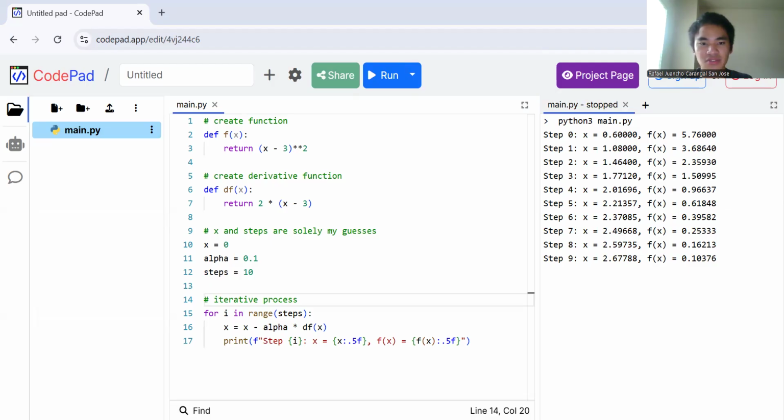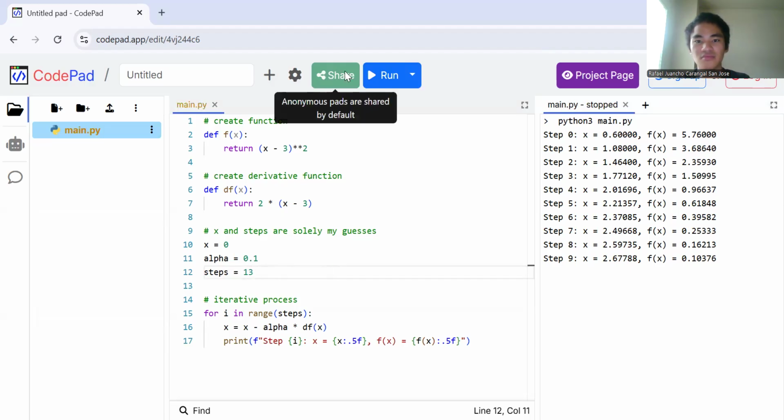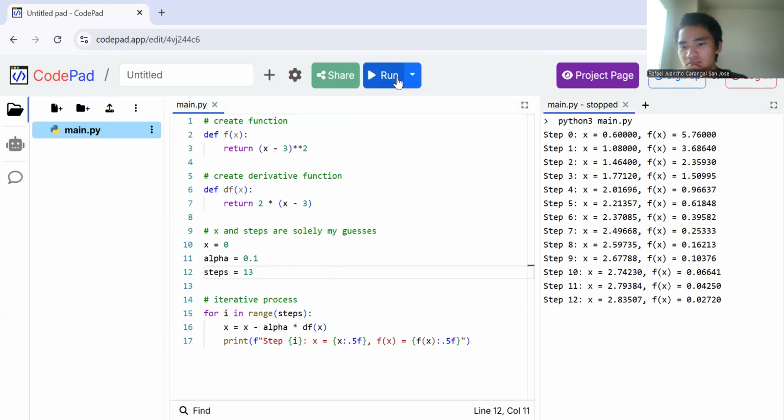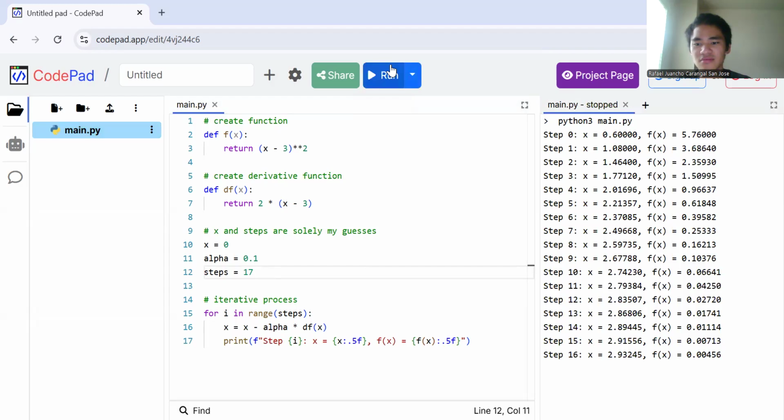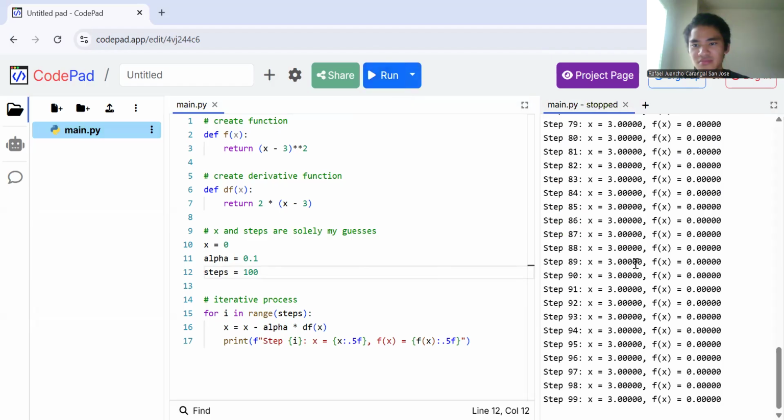Or, okay, let me try something. What if we make our steps 13? Now we're getting even closer. If we make it 17, oh, we're getting even closer, 2.9. Okay, now you might be asking, what if I make it 1,000 or 100? Okay, now it's exactly at 3.